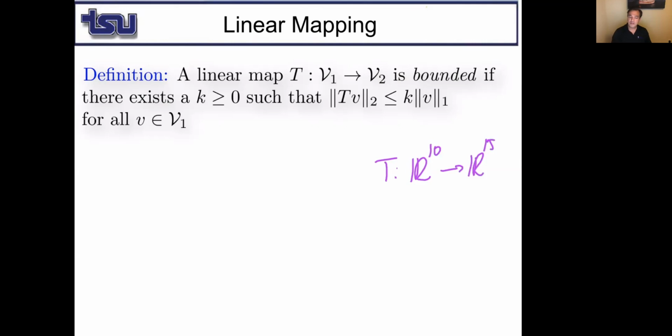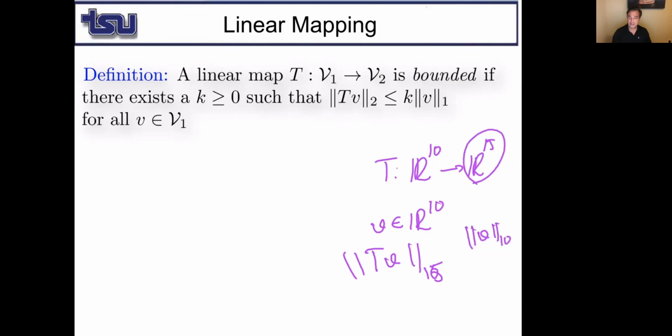When I take v in R^10 and write Tv, this is in R^15, so I take the norm in 15-dimensional space. And when I take the norm of v, I need to take the norm in 10-dimensional space. If the norm of Tv is less than or equal to K times the norm of v, then T is bounded, okay?